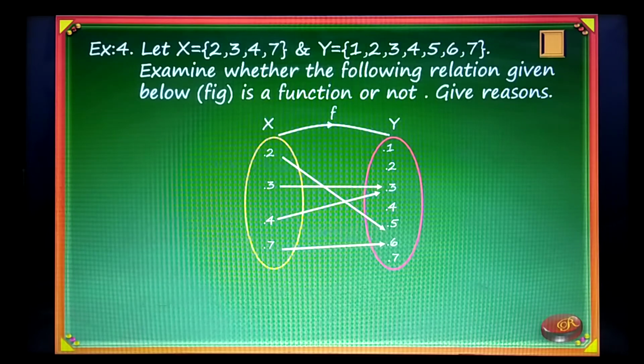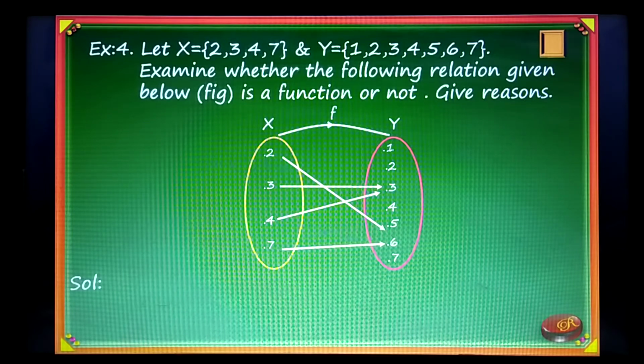Example 4. Let x = {2, 3, 4, 7} and y = {1, 2, 3, 4, 5, 6, 7}. Examine whether the following relation given below is a function or not. Give reason. Solution.